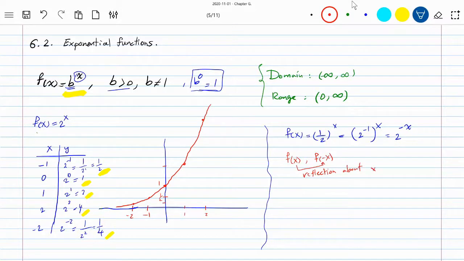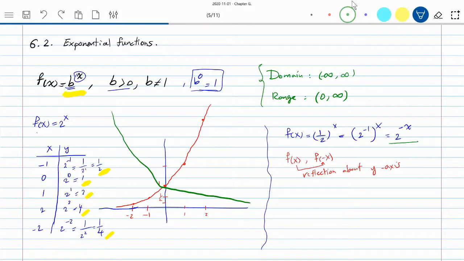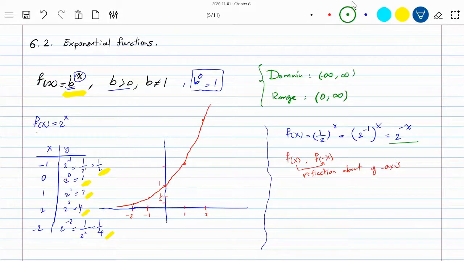If you change x to negative x, the graph will reflect about the y-axis. So if I graph this function 2 to the negative x, I just need to reflect the graph of 2 to the power x about the y-axis, and what you get is basically this curve. This green curve is a reflection, so assume this is symmetric.